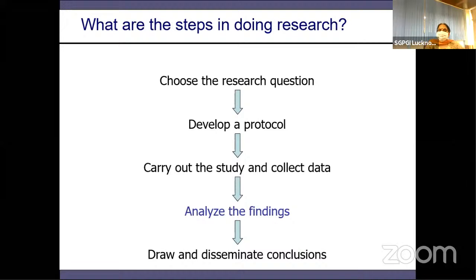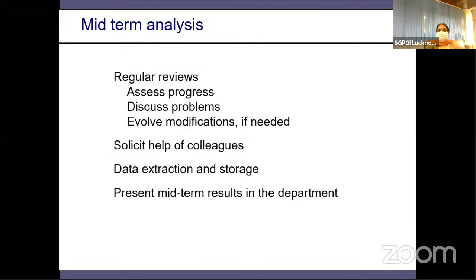Then once you have done your studies, you need to analyze the data. Analysis should not be left totally to the end. Always do a regular review. Assess your progress. Discuss your problems with your mentor. Don't put them under the carpet, because then they will become a big issue at the end of 2 years. So every 2 or 3 months, have a meeting with your mentor.